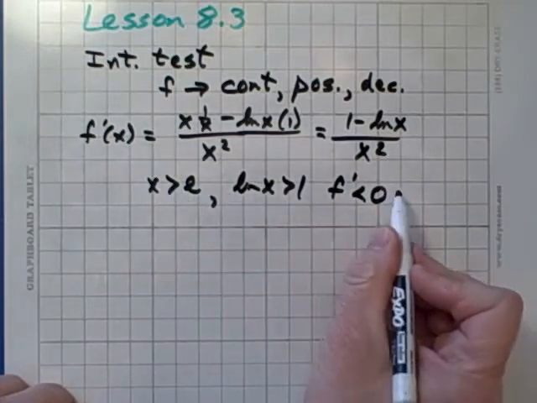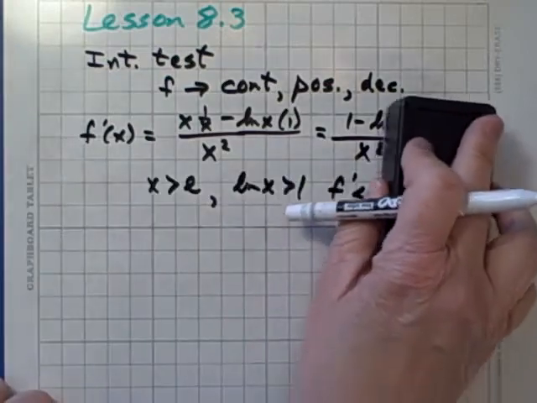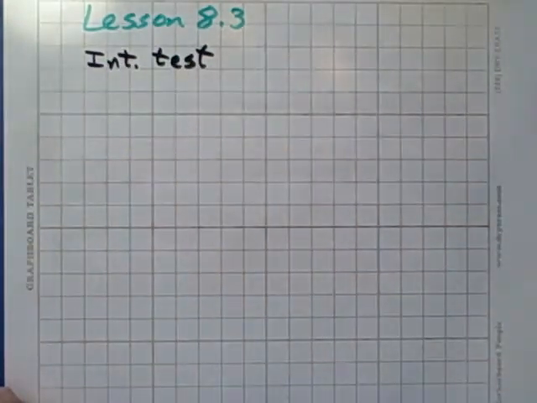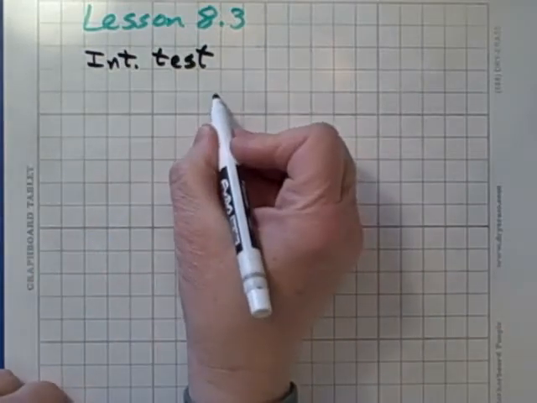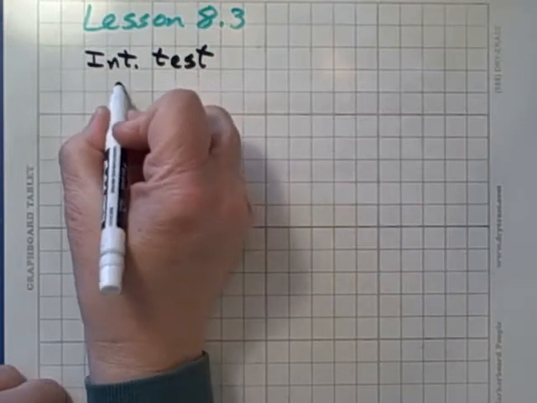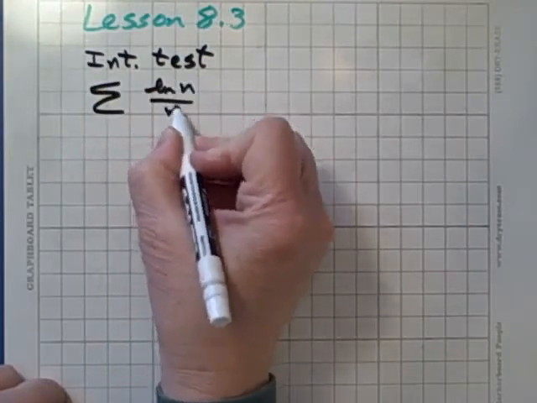So it eventually does decrease. For many problems, it's an obvious statement that it's continuous, positive, and decreasing, but otherwise we would normally show that it decreases. So once again, the series we're interested in is the natural log of n over n.